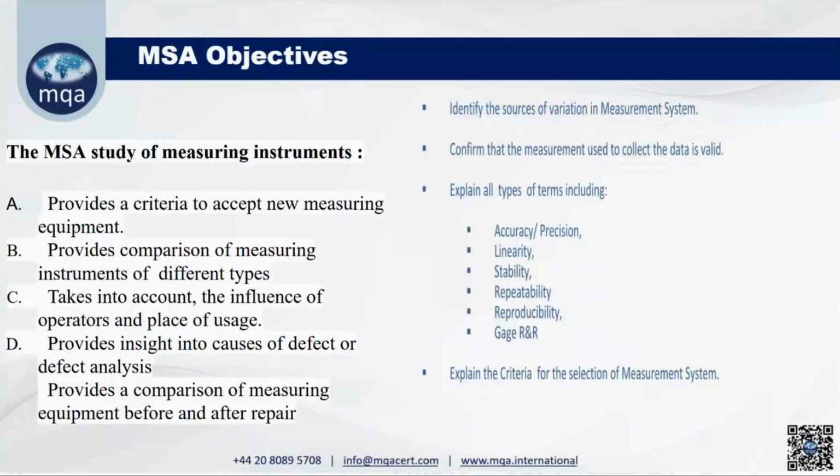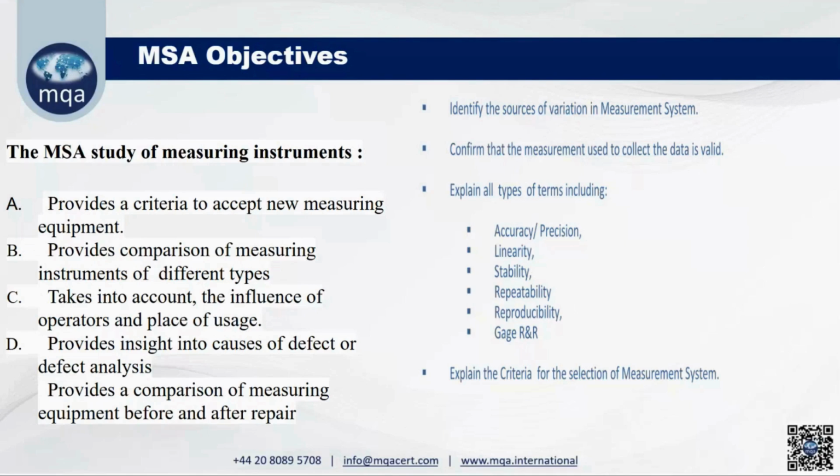Now, MSA. MSA is basically measurement system analysis, the study of a measuring system. So what does MSA include? We are not studying only the instrument, we are studying the measurement system. What does the measurement system comprise of? It comprises man, equipment, method, everything.